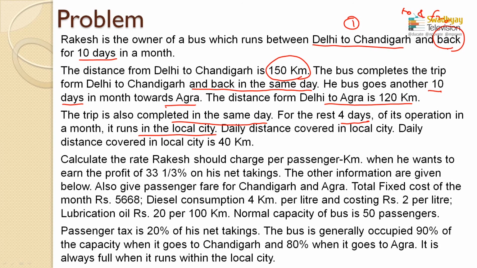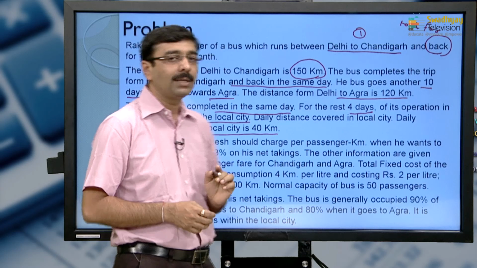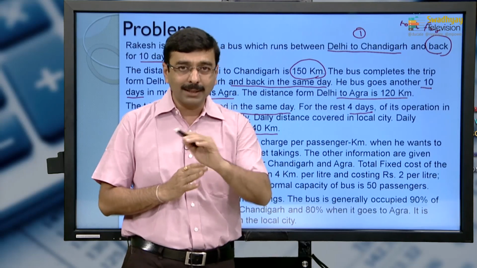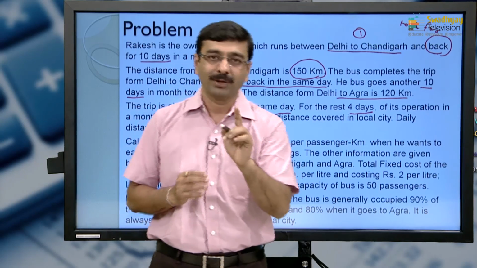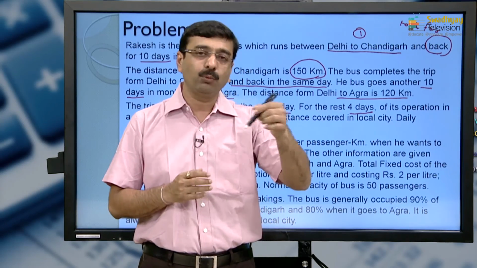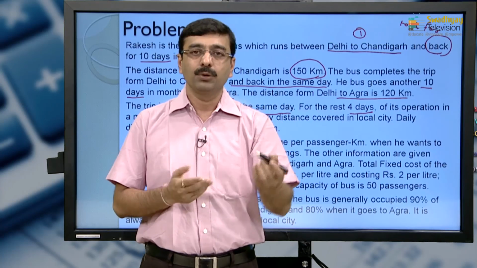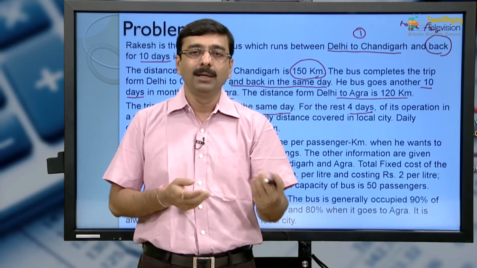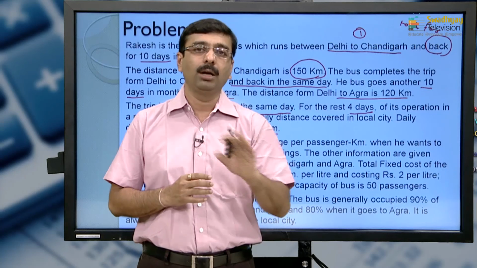The daily distance covered in the local city is 40 kilometers. It is a round trip only. Here it is not required to mention to and fro. Why? Because it works only in Delhi city. So it may be a round trip or a circular route or something like that, which runs a total of 40 kilometers in a day.